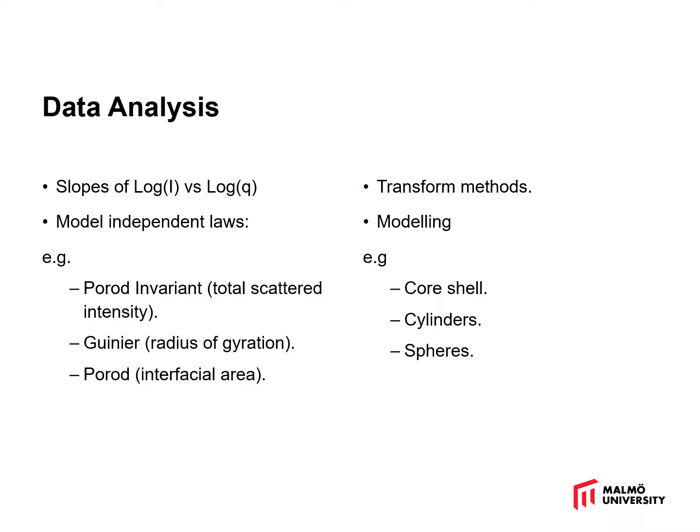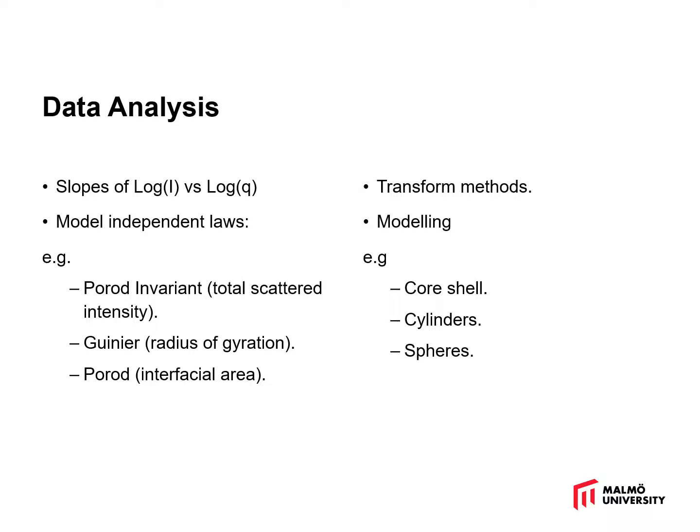The Porod invariant, which predicts the total scattered intensity. The Guinier law, which is good for getting the sizes of objects. And the Porod law, which is quite useful for getting the size, but also the composition. And I'll show an example of this, of phases. I'll talk briefly about the transform methods of getting structure from scattering curves, and this involves a further Fourier transform of the scattering data.